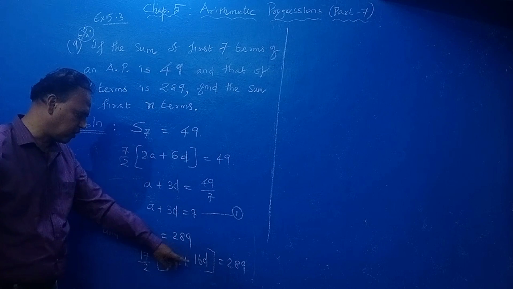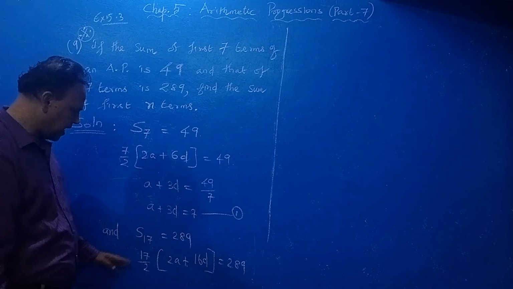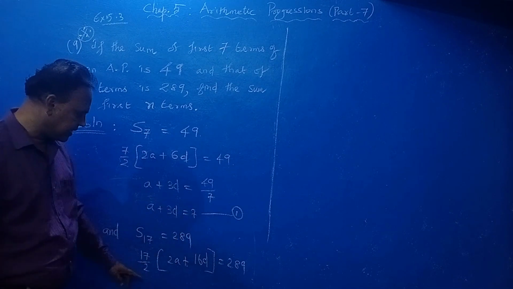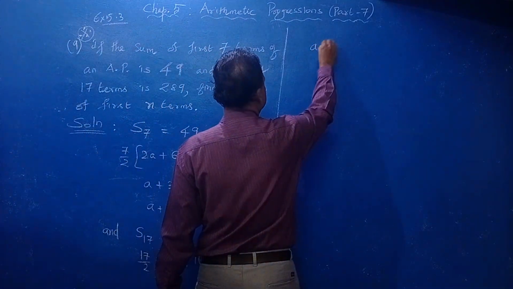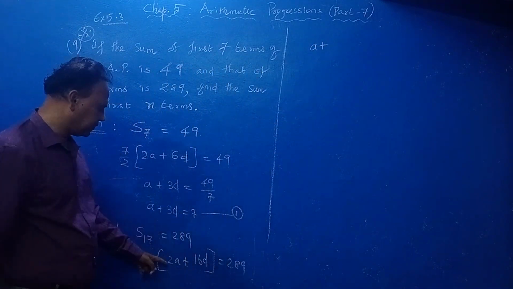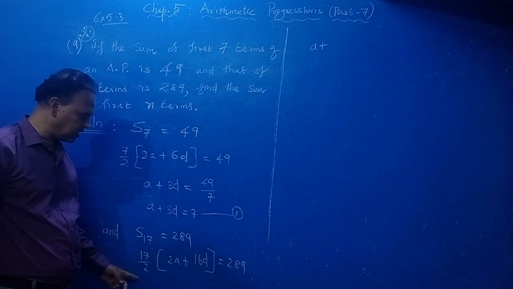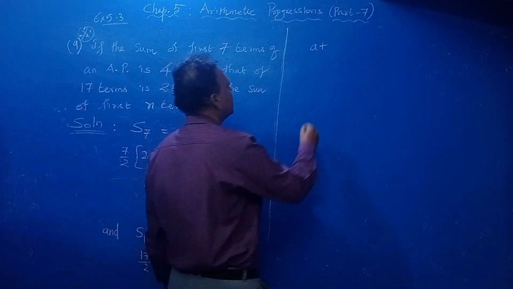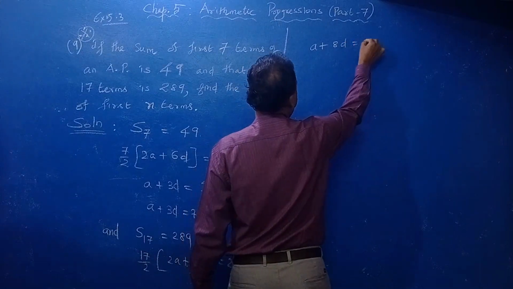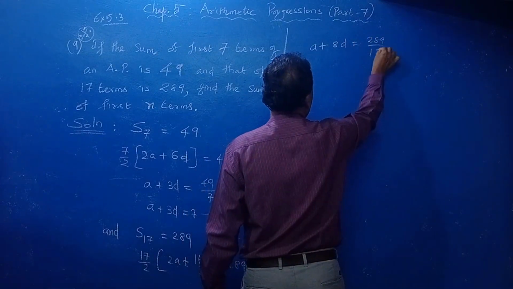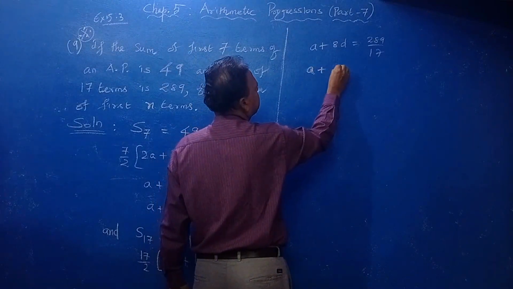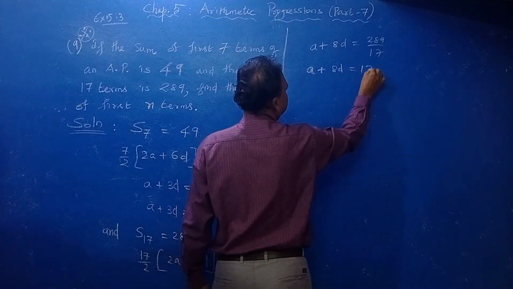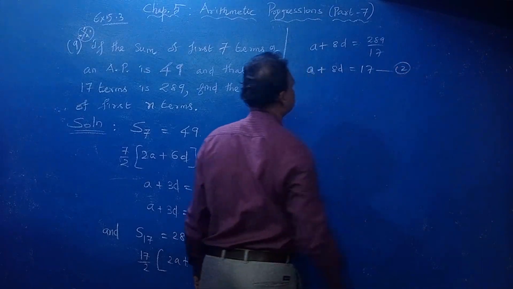Understand? Just subtract 1, 16D. Now same way, 17 you divide that side, 2 divide here. That means this can be written as A plus 8D. Here you take one common and cancel this, what 8D will get. That 17 you divide. A plus 8D equal to 17. That is equation number 2.